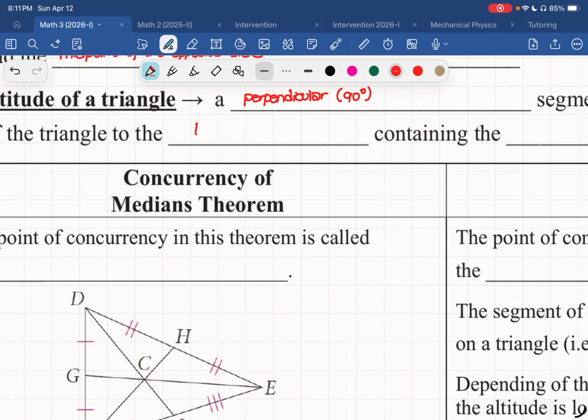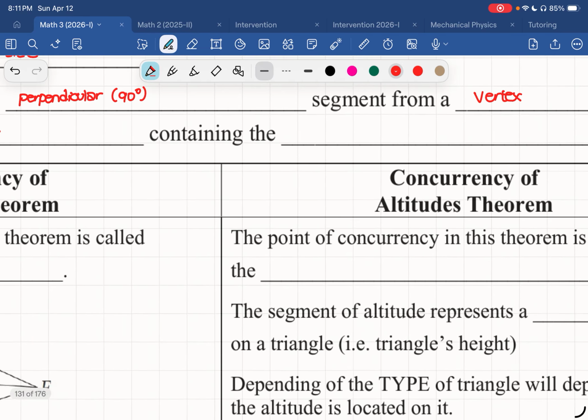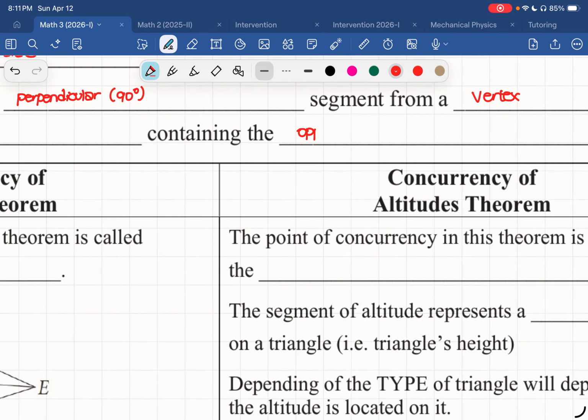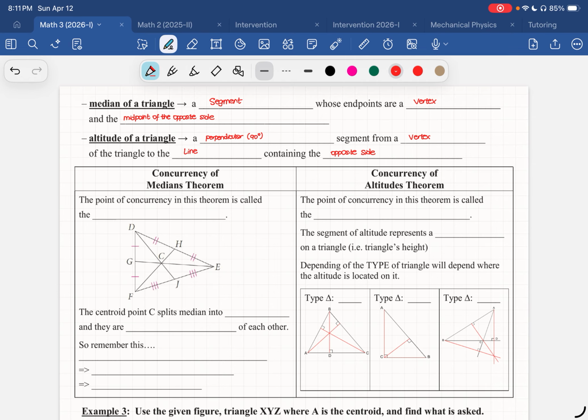So to the line that contains the opposite side. So I'm going to explain these two concepts of median and altitude using actual examples of triangles so you can understand better what I'm talking about.